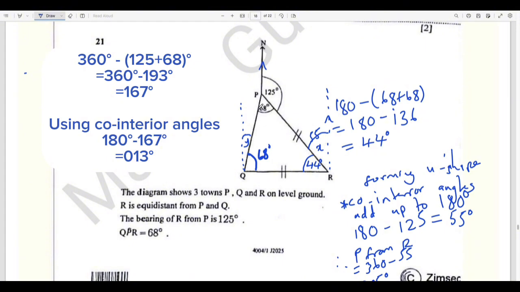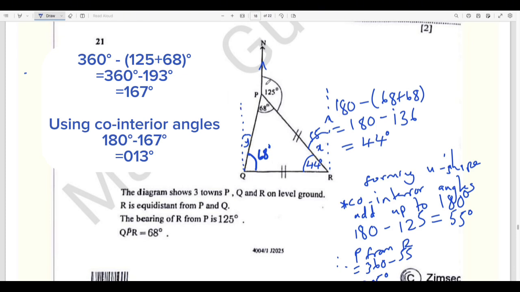Now we know that the exterior angle there is equal to 167. Then we use the co-interior angle theorem, because we know that co-interior angles add up to 180. Then it is just 180 minus 167, giving us 13.